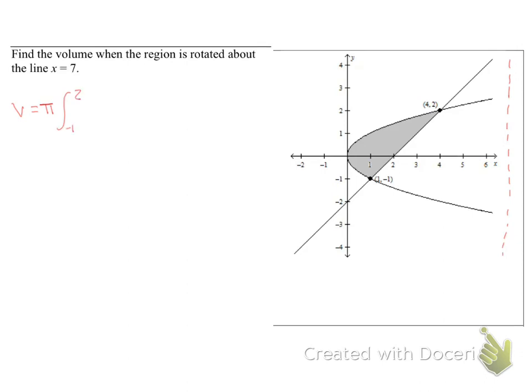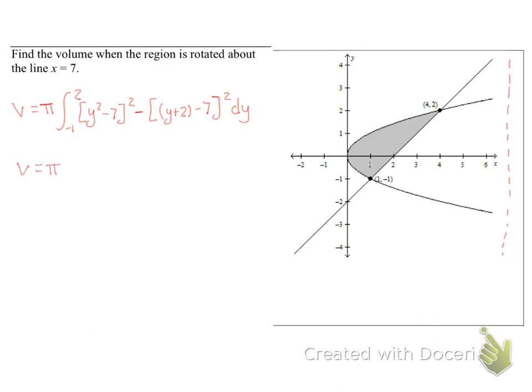So from -1 to 2, your outer function is the y squared minus your axis squared, minus your inner function, y plus 2 minus 7 squared dy.